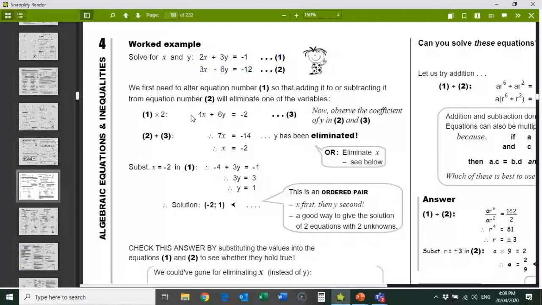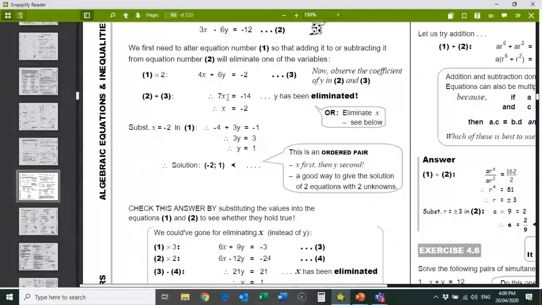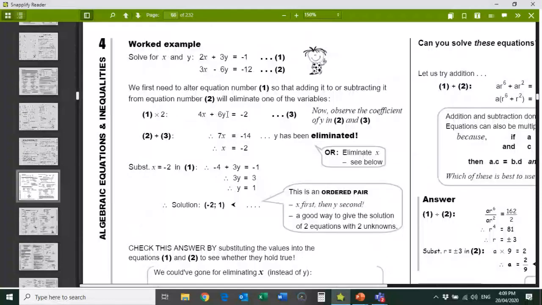So if I did that, what would it be? This would go away, that would move over, because you're going to eliminate it, right? Moving over to 6. Can you see? It's moving over to 6, to 7, 7x, and that is equal to -14.